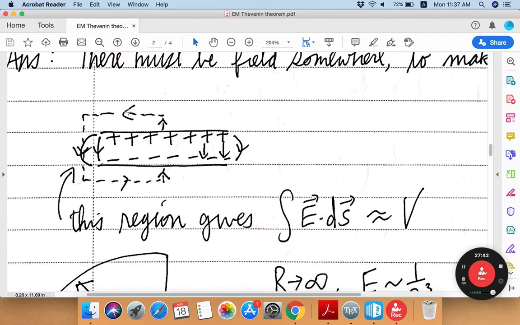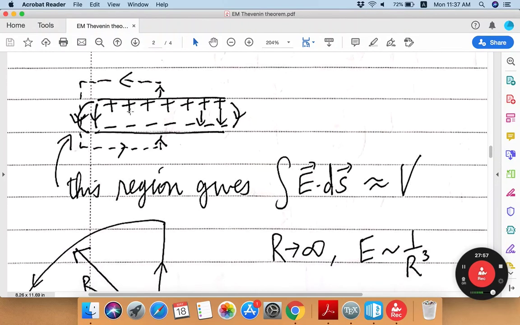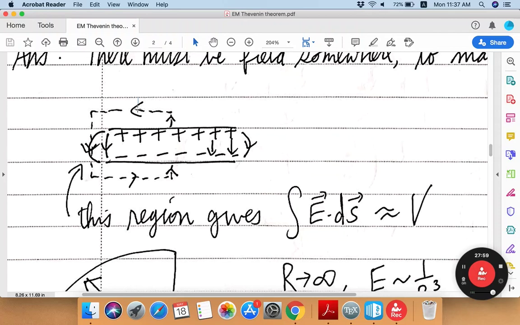And furthermore, if there were any electric field, then its direction will most likely be orthogonal to the path direction that you have chosen. So the electric field, if any, will be pointing in this direction, whereas you're integrating along the path in this direction. And because the two directions are orthogonal, the line integral will pick up nothing.